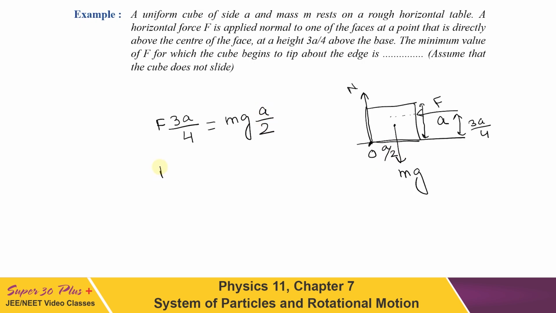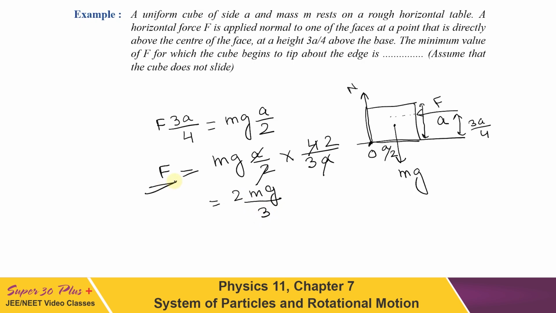From here we can write the value of F to be equal to mg a by 2 into 4 upon 3a. These two got cancelled. So we got finally 2 mg upon 3.